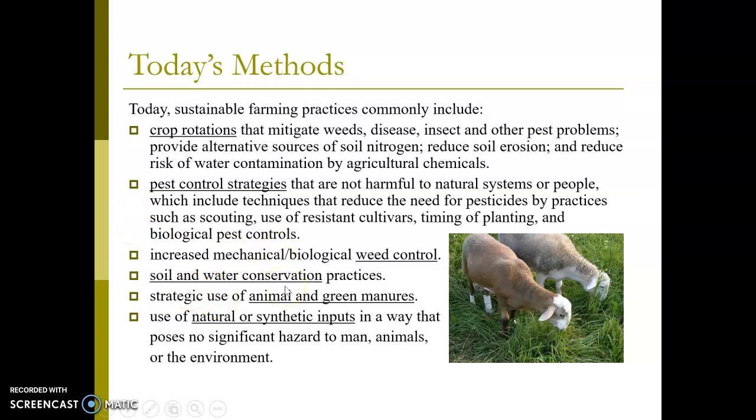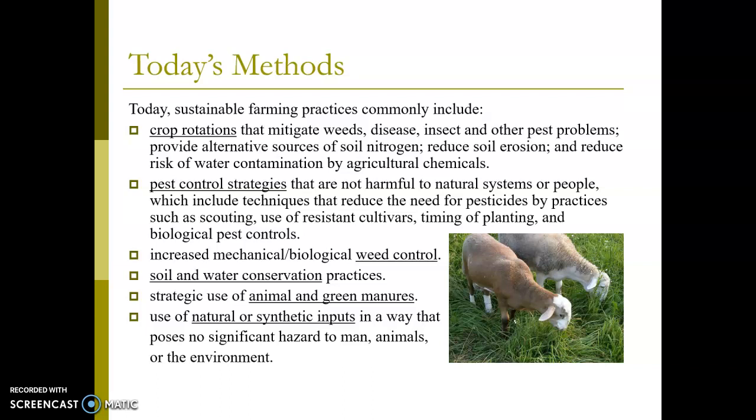Increased mechanical and biological weed control can be shown over here. Soil and water conservation practices are also very important here. Strategic use of animal and green manures, and use of natural or synthetic inputs in a way that possesses no significant hazard to man, animals, or the environment.